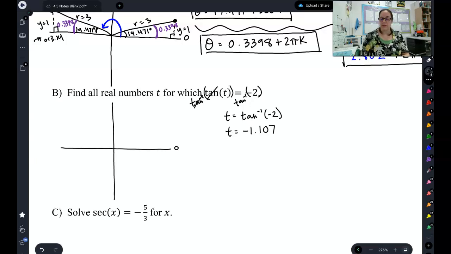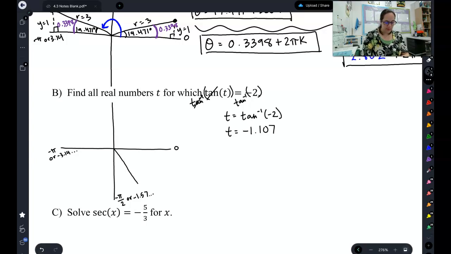Remember, this is 0 radians. It's negative, so I'm going to go clockwise. This is -pi/2 radians, or -1.57-ish, on and on and on, radians. This would be -pi or -3.14 radians. So if I have all of that visualized, it's a lot easier to visualize where -1.107 is.